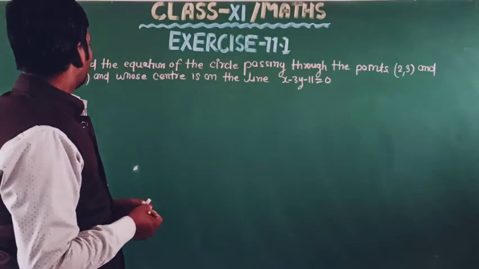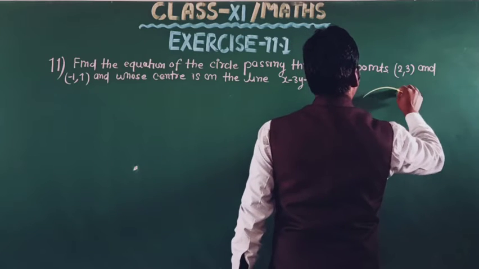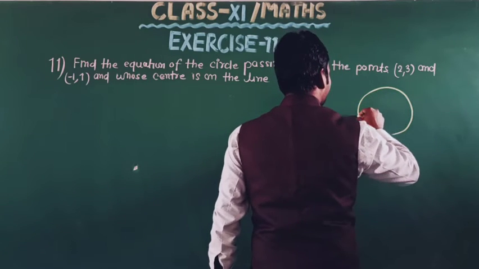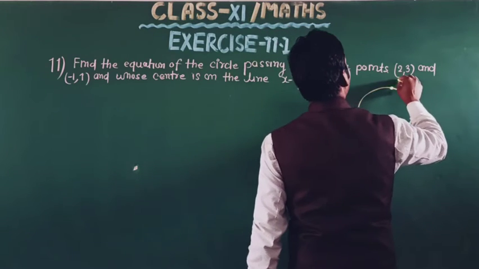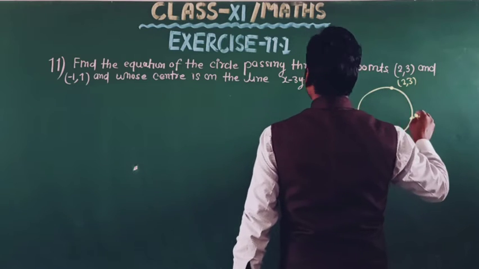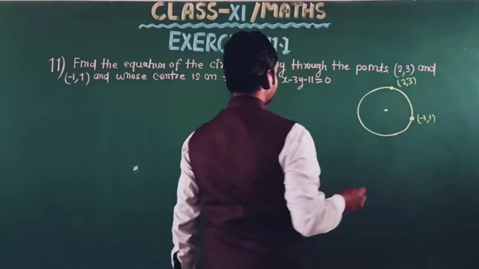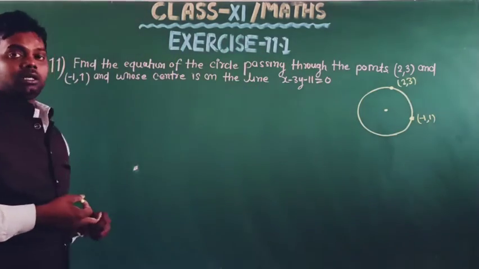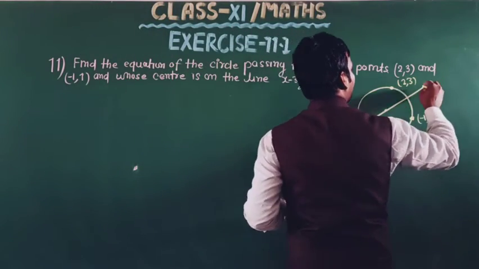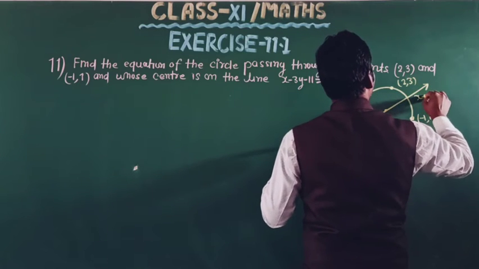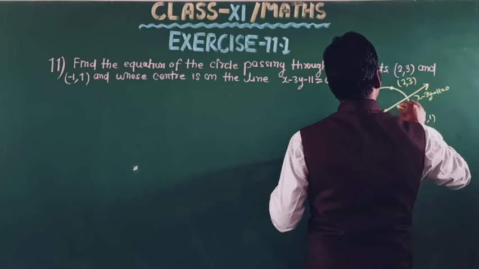Okay, so we have to find the equation of the circle. This is a circle passing through two given points. The first is (2, 3) and this is (-1, 1), and also the center of the circle lies on the line x minus 3y minus 11 equal to 0.